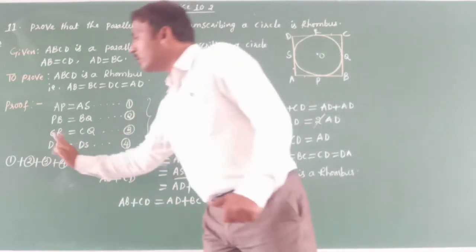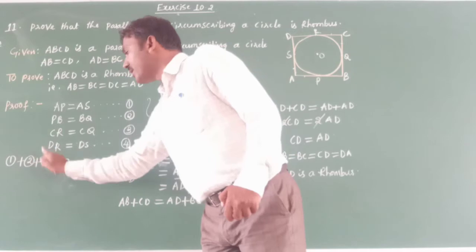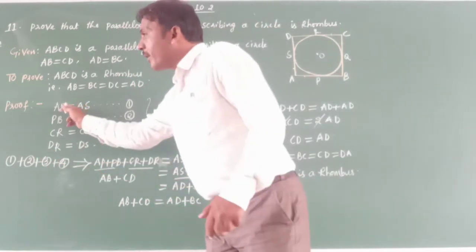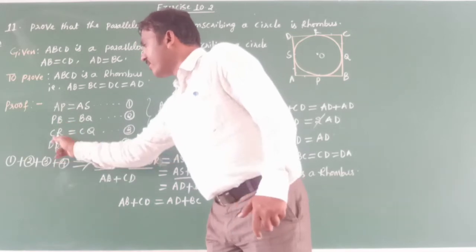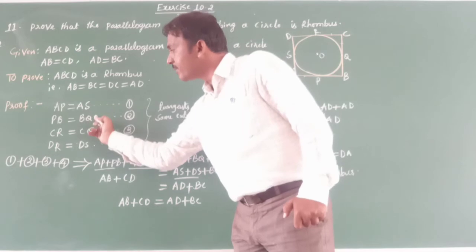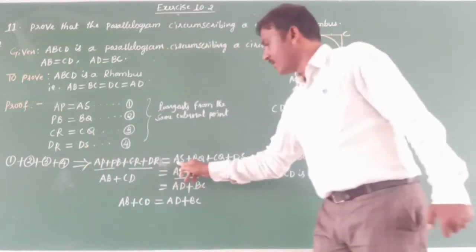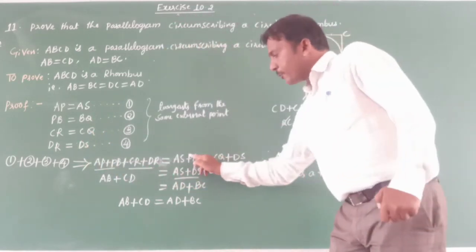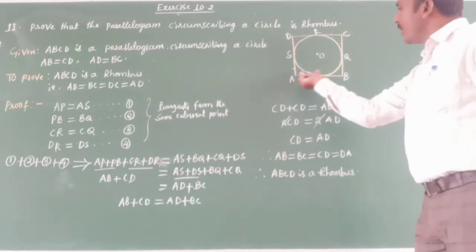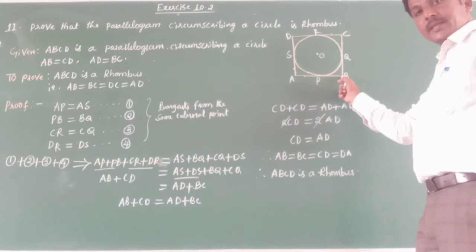Now we have to add all those: equation 1 plus 2 plus 3 plus 4. It implies that on the LHS you add AP plus BP plus CR plus DR, and similarly on the RHS you add AS plus BQ plus CQ plus DS. You have to rearrange. AP plus PB gives us AB.